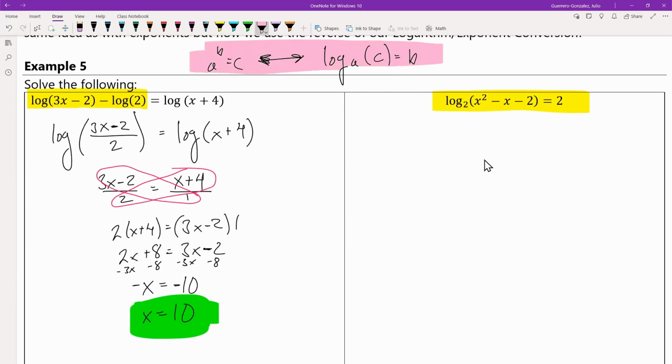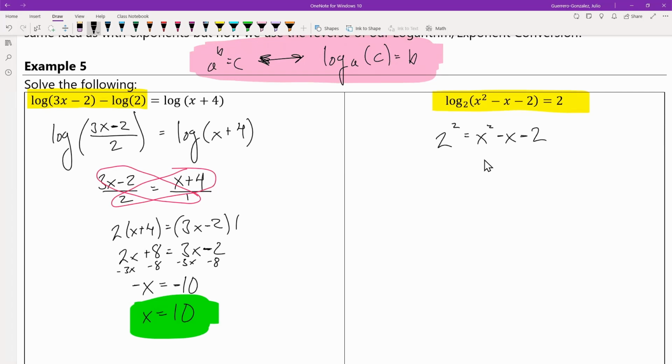So in this case, I have the right-hand side of my boomstick, and I can turn it into my left-hand side. So this is equivalent to saying 2 squared is equal to x squared minus x minus 2.